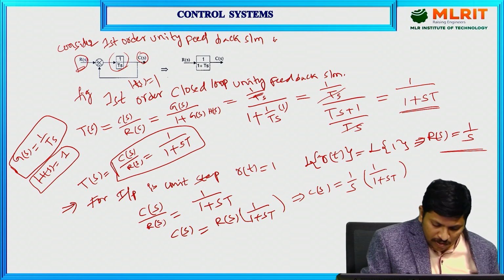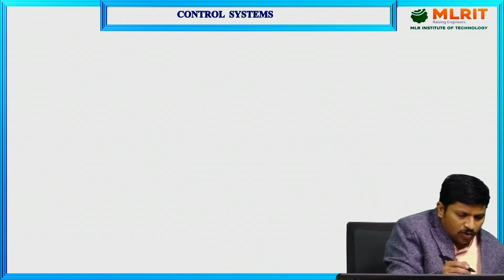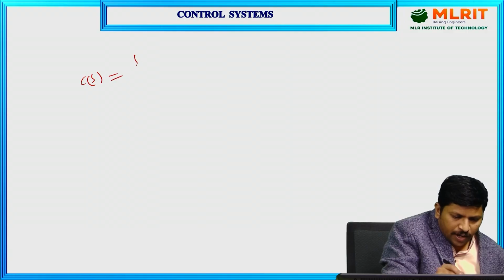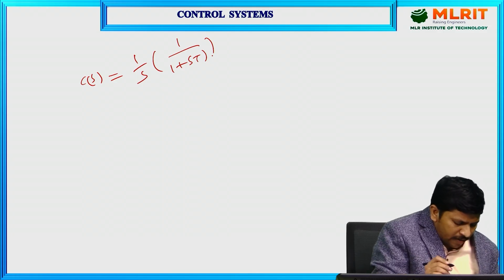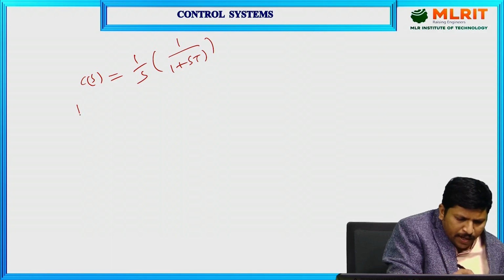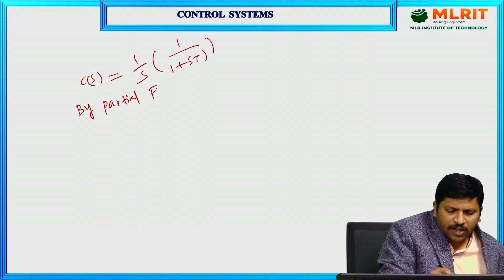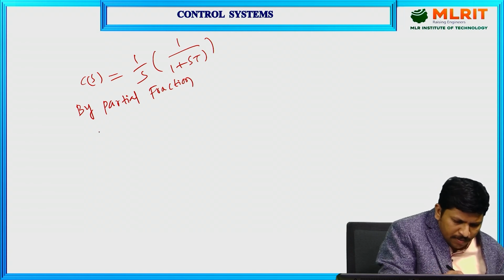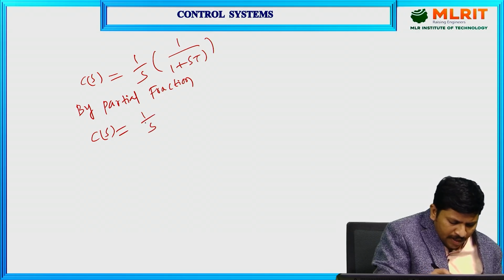By using partial fractions, C of s equals 1 by s into 1 by 1 plus sT. Now I am going to use partial fractions. See, 1 plus sT, and 1 by s.